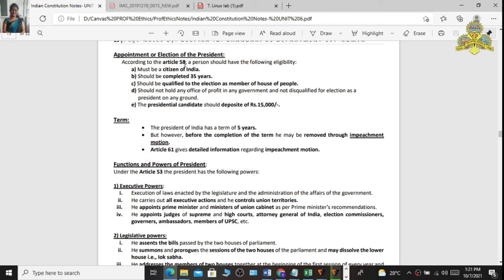According to Article 58, a person should have the following eligibility to become President of India. He must be a citizen of India. He should have completed 35 years. And he should be qualified for election as a member of the House of People. He must be a member of Lok Sabha.